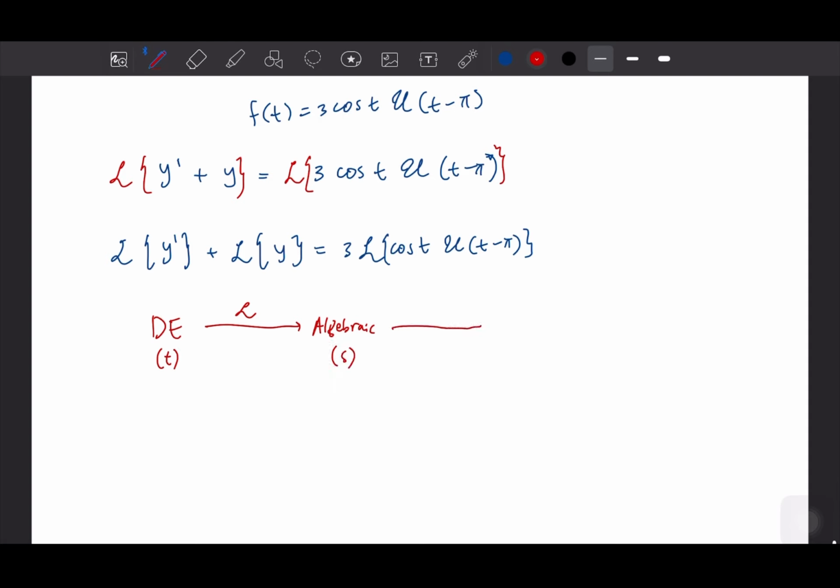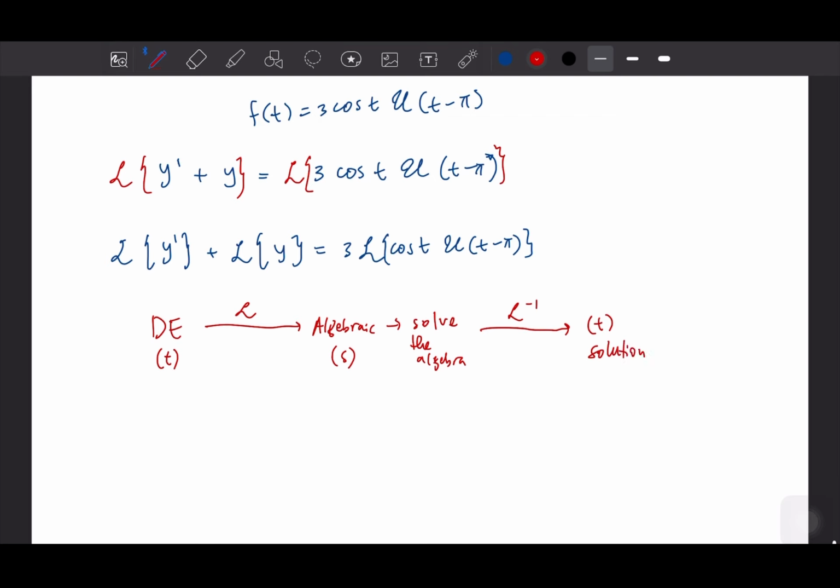After that, solve the algebra, and then take the inverse of that Laplace and we go back to t. This is the solution that we want.